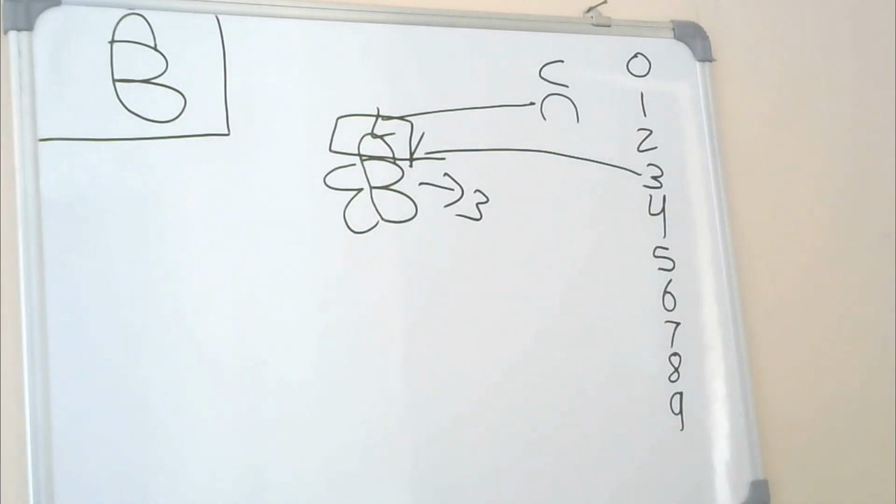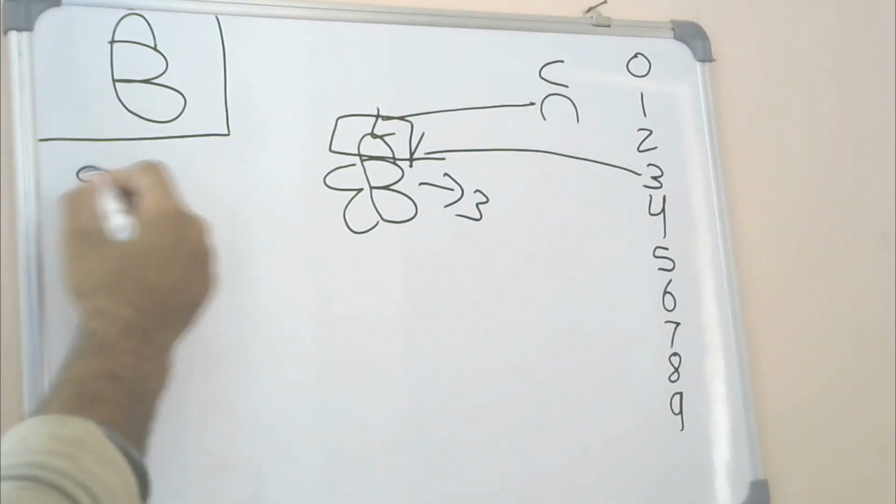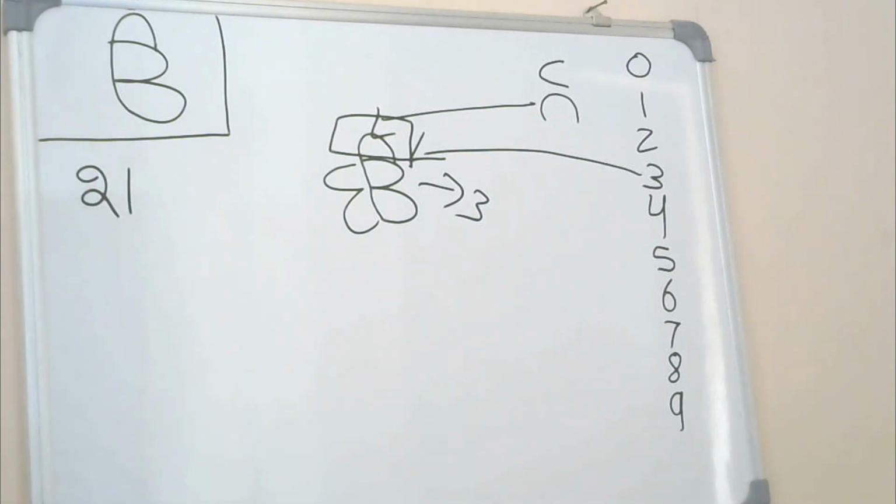If you know this letter, are you going to learn some other letters? Yes, you're going to learn some other letters. The second letter that you're going to learn is the 21st letter. What that letter is, how to pronounce it, and everything will be covered in the next lessons.